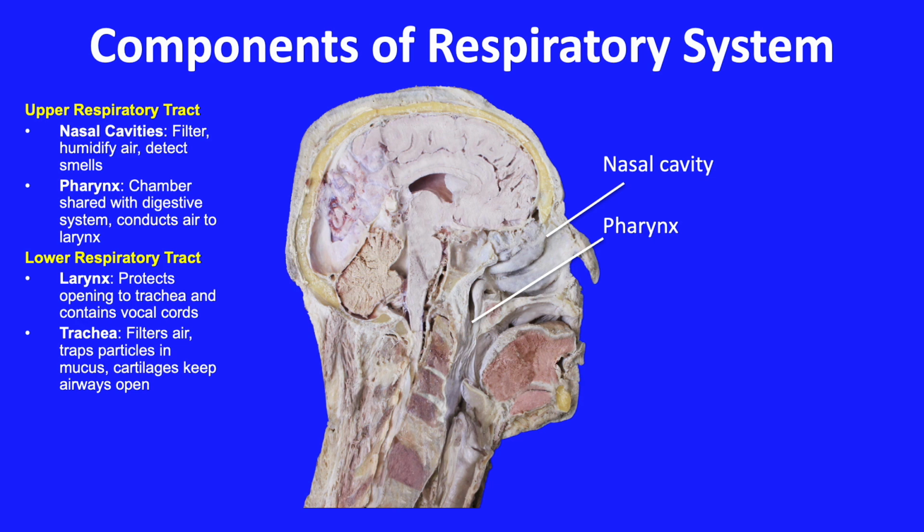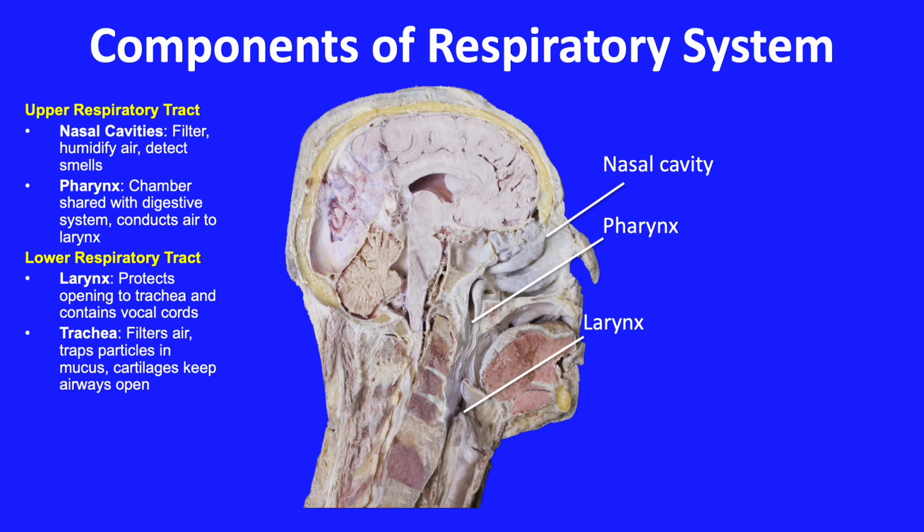Next, we encounter the pharynx, an open-ended tube at the back of the nasal cavity and the oral cavity. This space is a shared space with the digestive tract and will conduct the air to the larynx. The larynx is the first component of the lower respiratory tract and begins just behind the epiglottis.